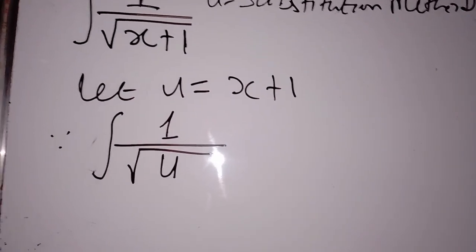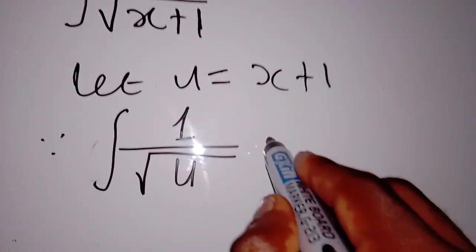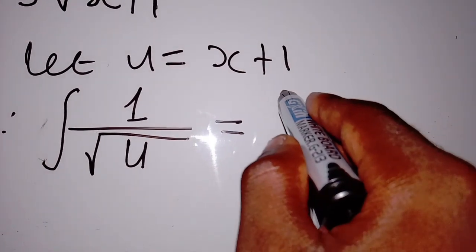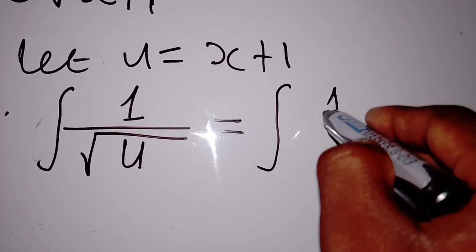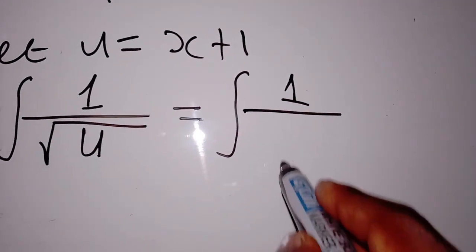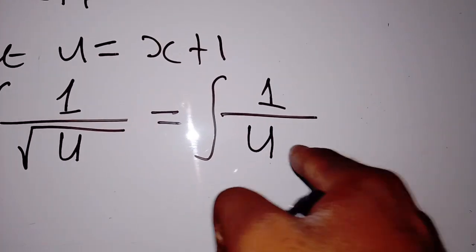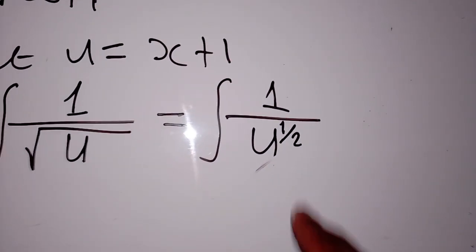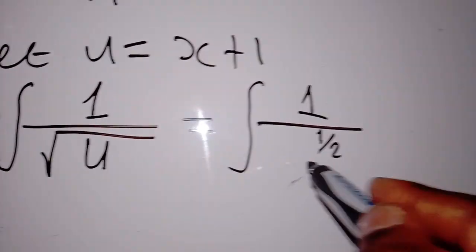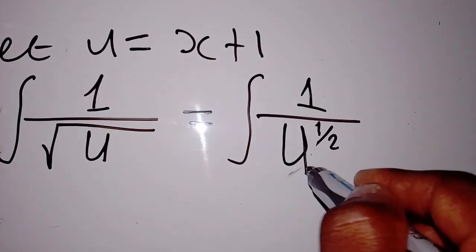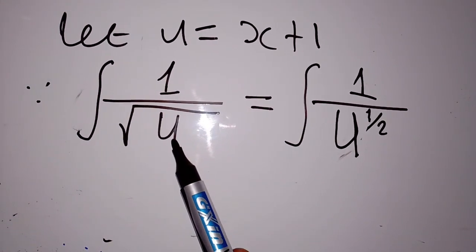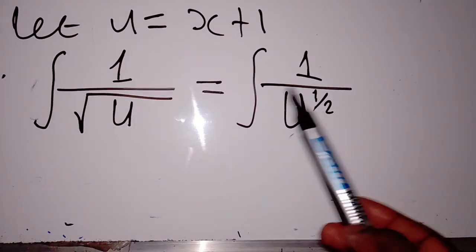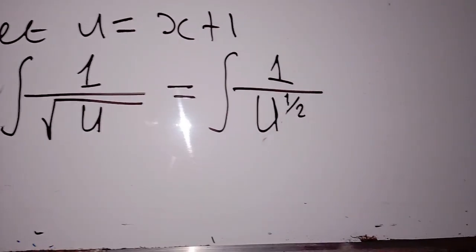That's how you simplify, and then therefore this will be equal to 1 over square root. You can just move the square root by introducing power 1 over 2. So power 1 over 2 is the same as square root, okay? So when you remove this, it is going to be the square root of u.